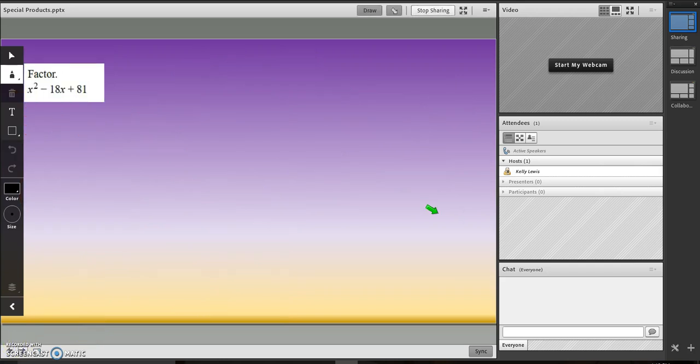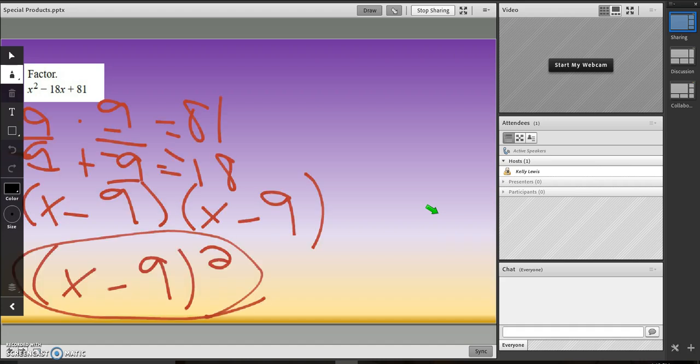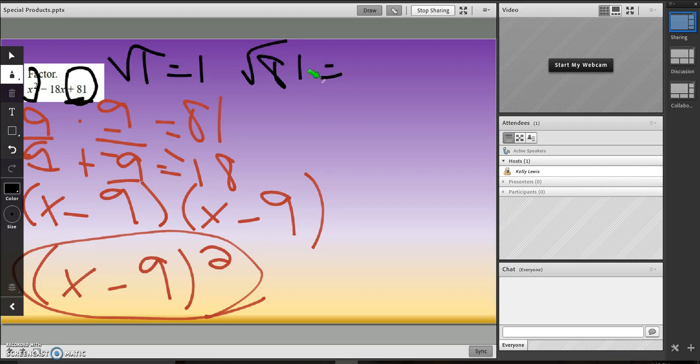Let me let what we did load. Here we go. All right, so 81 is a perfect square. You're going to look at the first number and the last number. Don't look at the middle because the middle is not going to be a perfect square. So the square root of the 1 in front of that x squared is 1. Fine. The square root of 81 is 9.